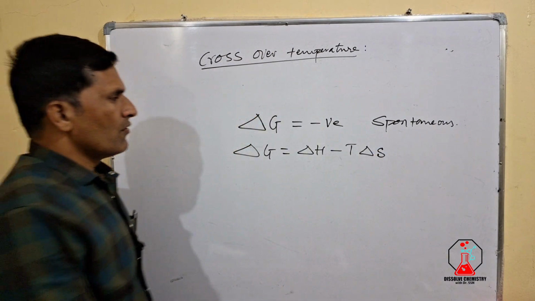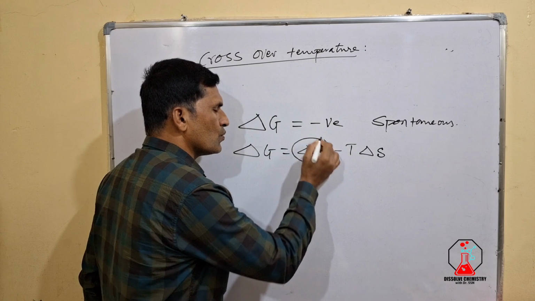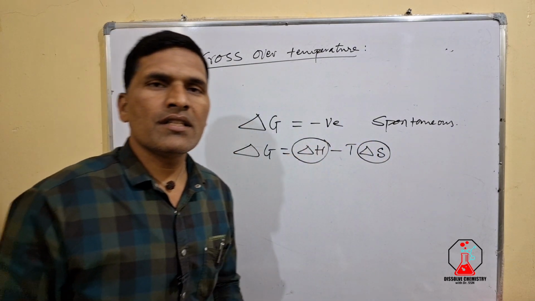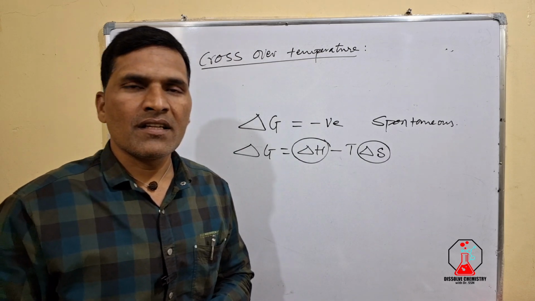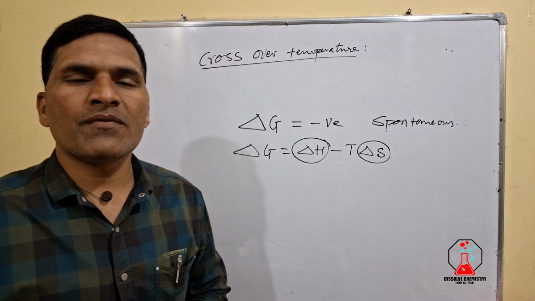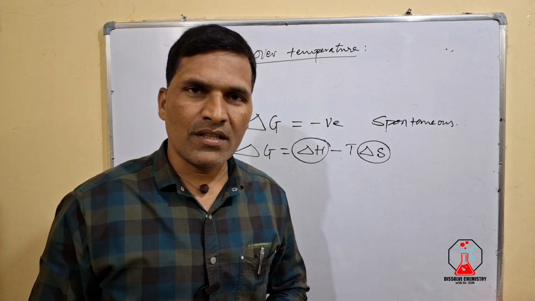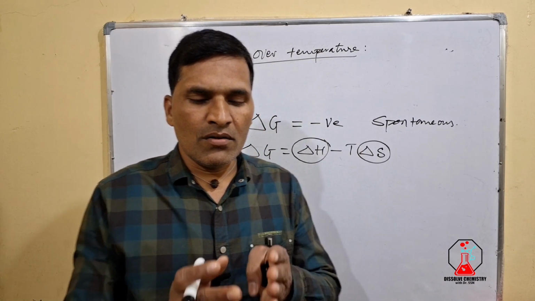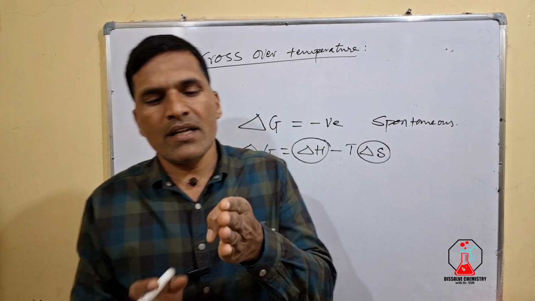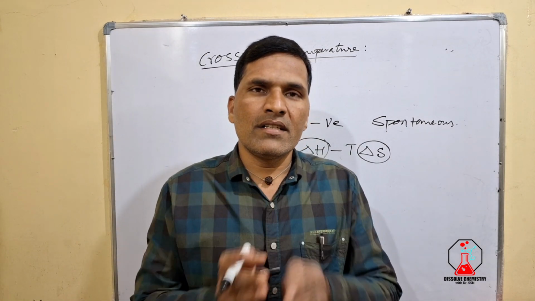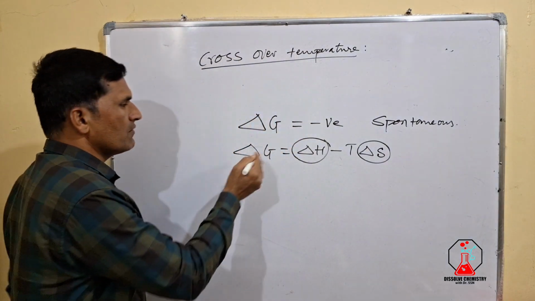Now when you fix these two, that is the change in enthalpy and the change in entropy, the change in Gibbs free energy depends upon the temperature. Suppose your reaction is at equilibrium, then your delta G will be 0.